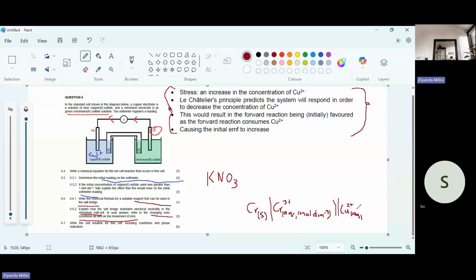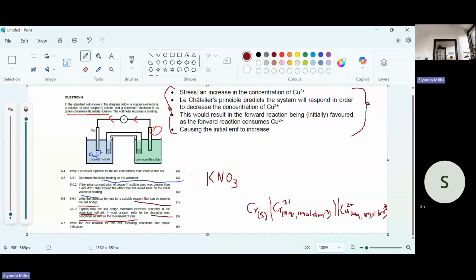So, comma, 1 mole per dm cube, close the bracket.